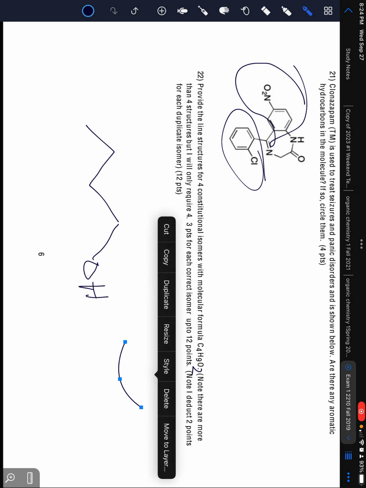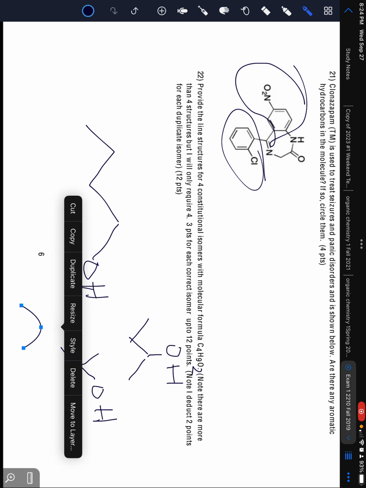And you can come up with a bunch of different things, starting with 1, 2, 3, 4 OH. I can move the OH a bunch of places. Delete. They want to think for me. I don't really like that. I can move an OH here.